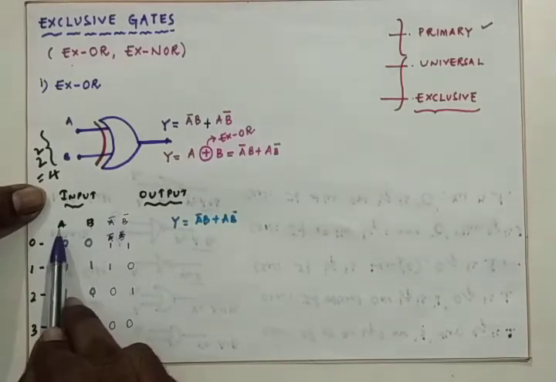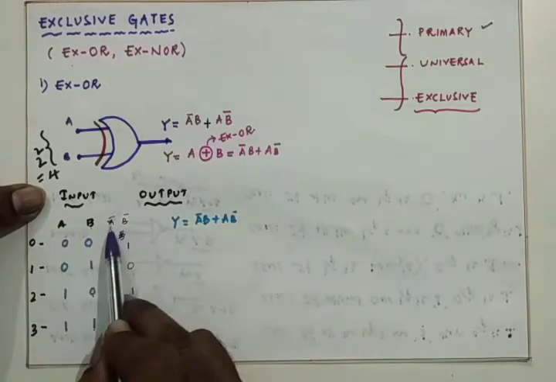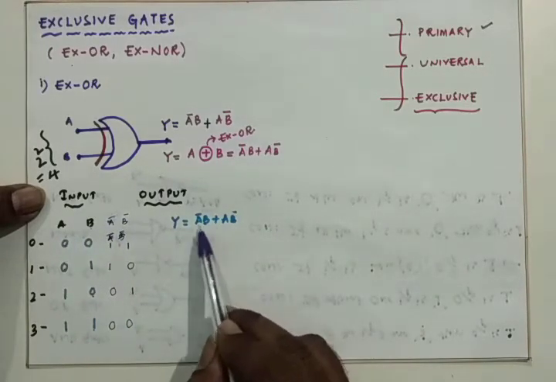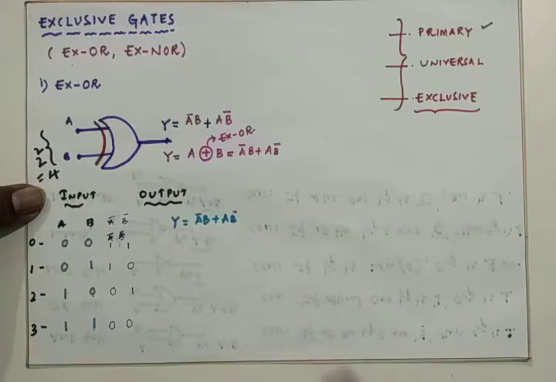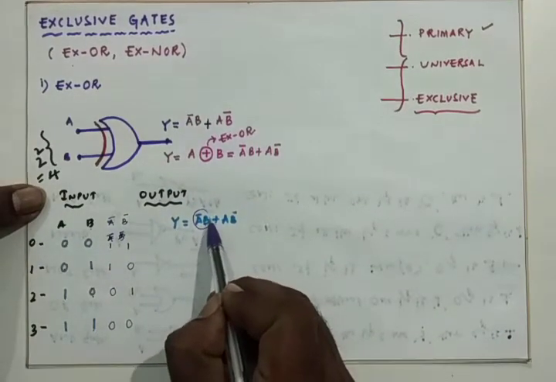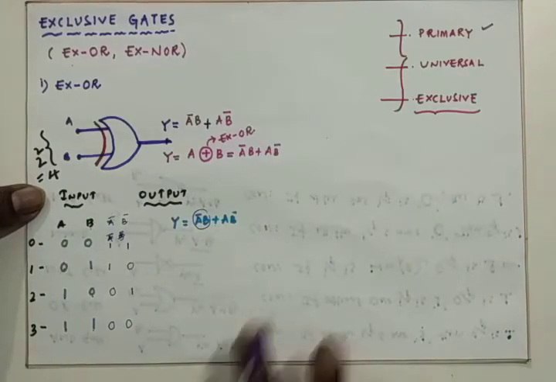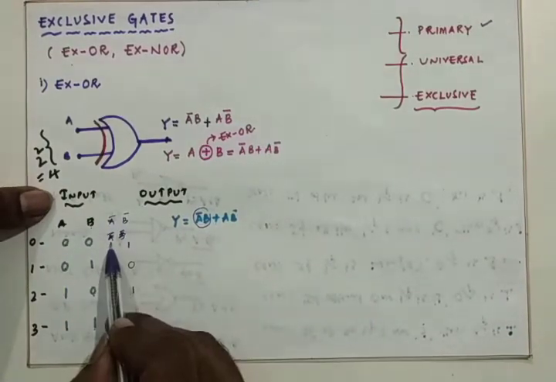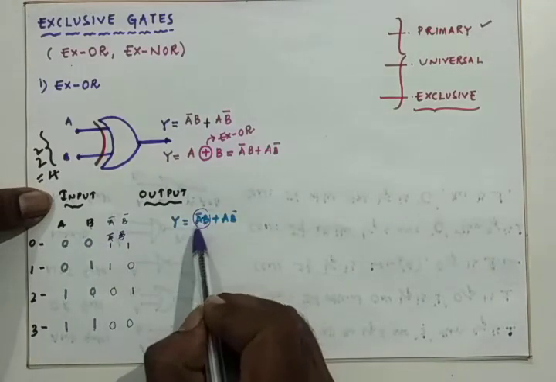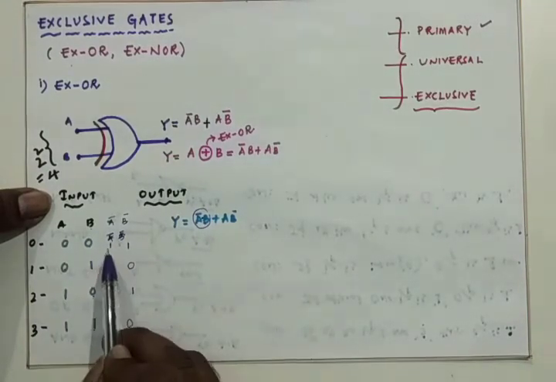Now, earlier we had A and B, and from that we have derived A bar and B bar, because Y equals A bar B plus A B bar. The first term is A bar B, which is A bar dot B. It is a product, so we multiply.